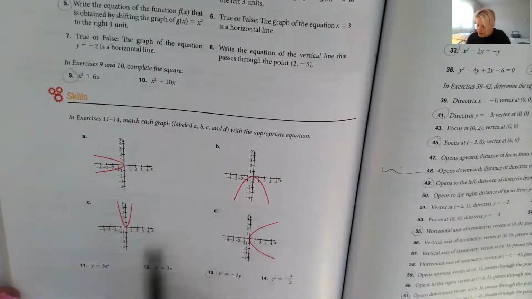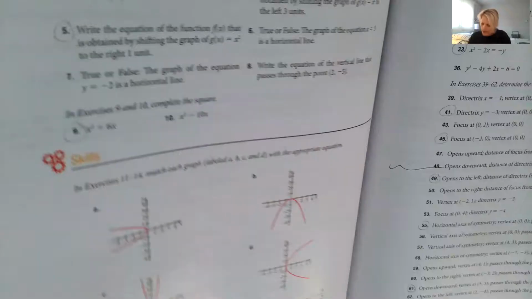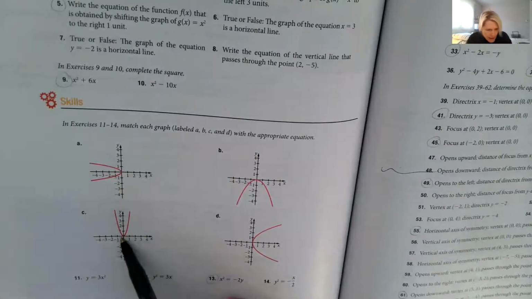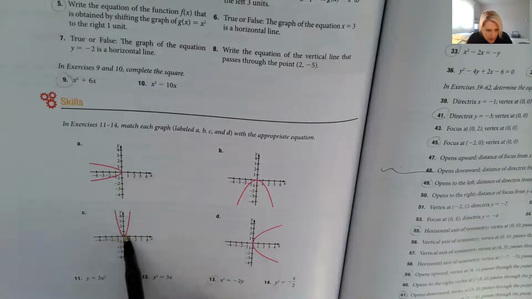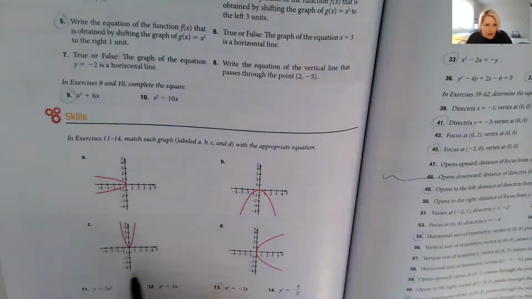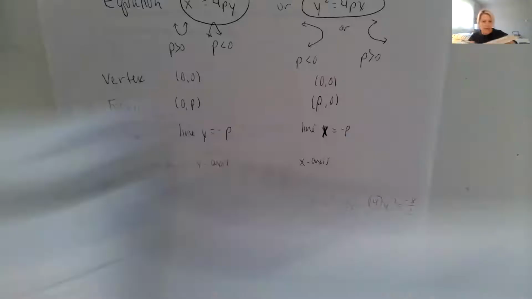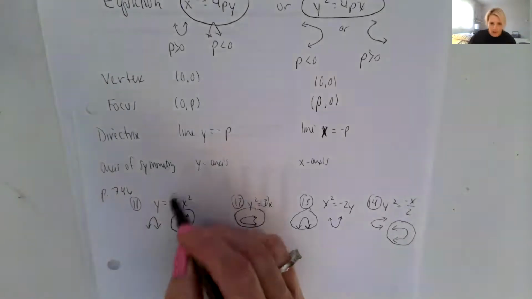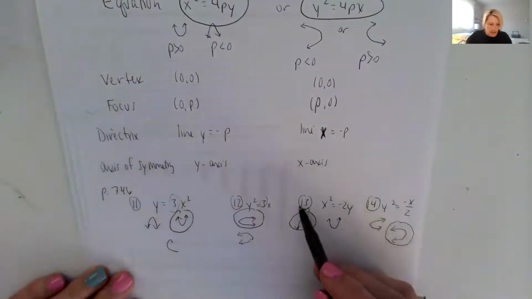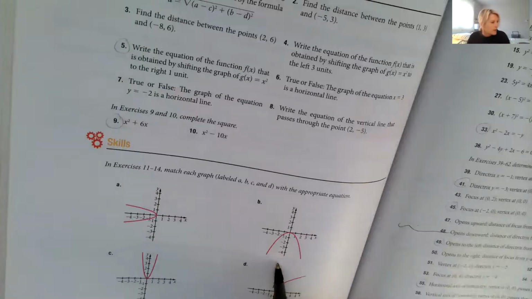And I would definitely say 11 is going to be face up, and it's definitely going to be C. We can tell that because, like I said, of the coefficient here. So 11 is C, and then 13 is going to be the face down, so that one is going to be B.